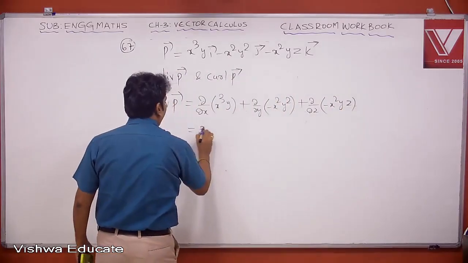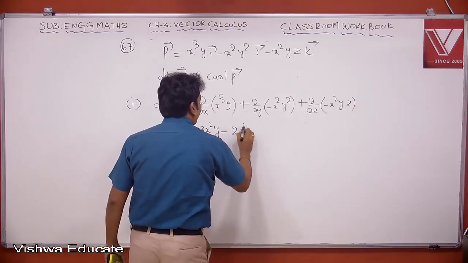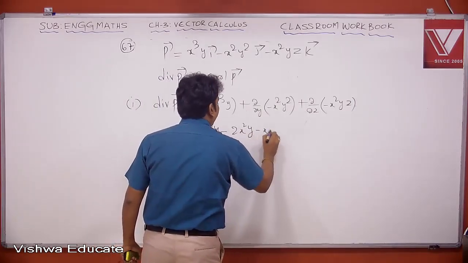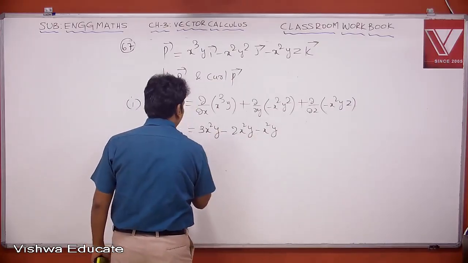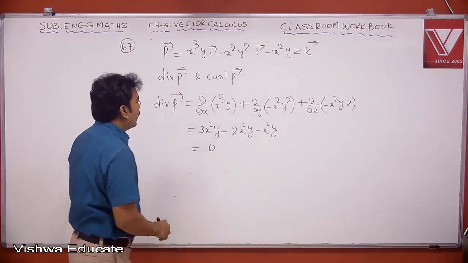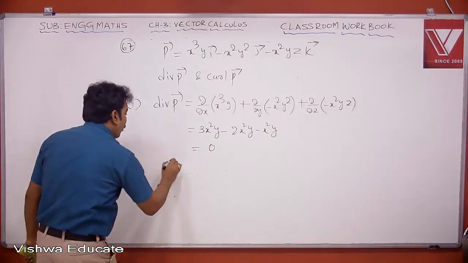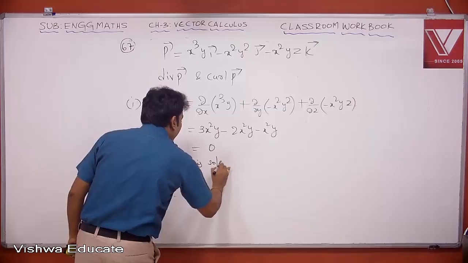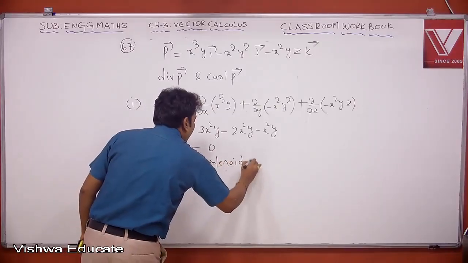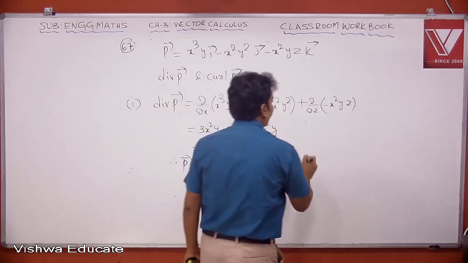So this is 3x square y minus 2x square y minus x square y, it is 0. So therefore in this case the divergence is 0. Therefore p bar is solenoidal.